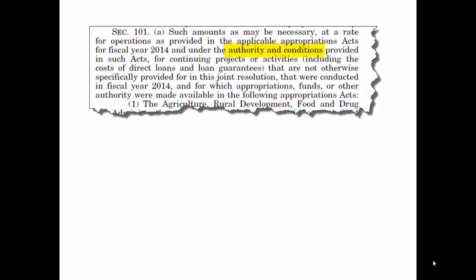When Congress refers to a previous year's authority and conditions, this is another example of incorporation by reference. This language answers our basic purpose question. What's the appropriation for? Again, the answer can only be determined by examining the previous year's appropriation language.